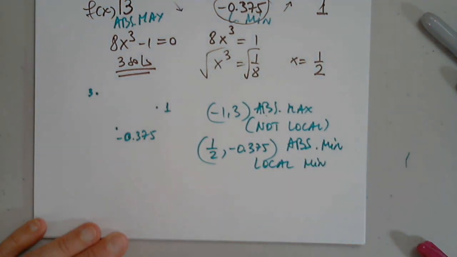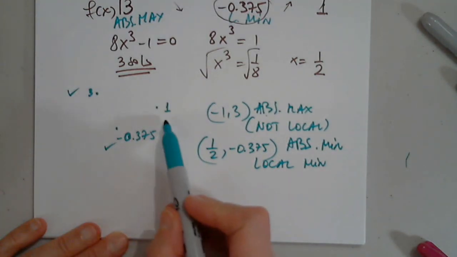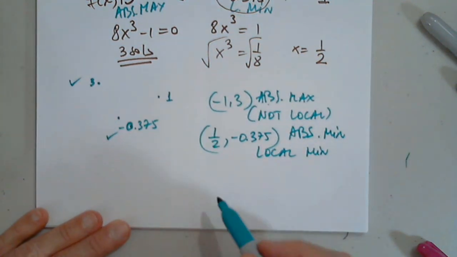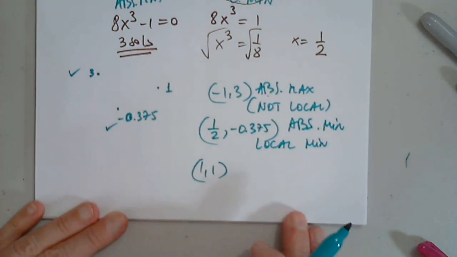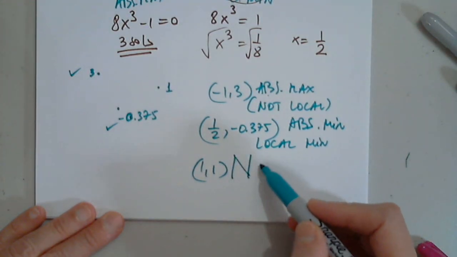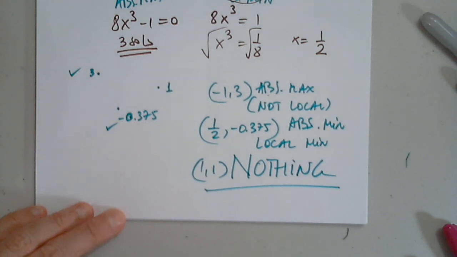It's not at the end of the interval. What about point 1, comma 1? What does this mean? Nothing. It's at the end point of the interval, and it's not the highest and it's not the lowest, and it cannot be local.